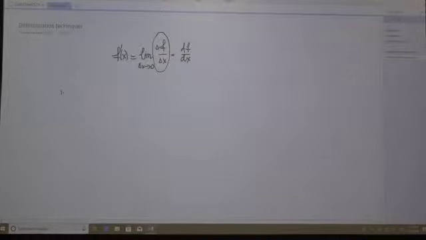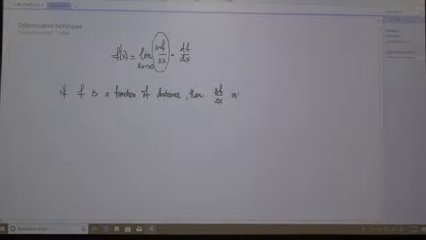If f is a function of distance, then delta f over delta x means average velocity, right?